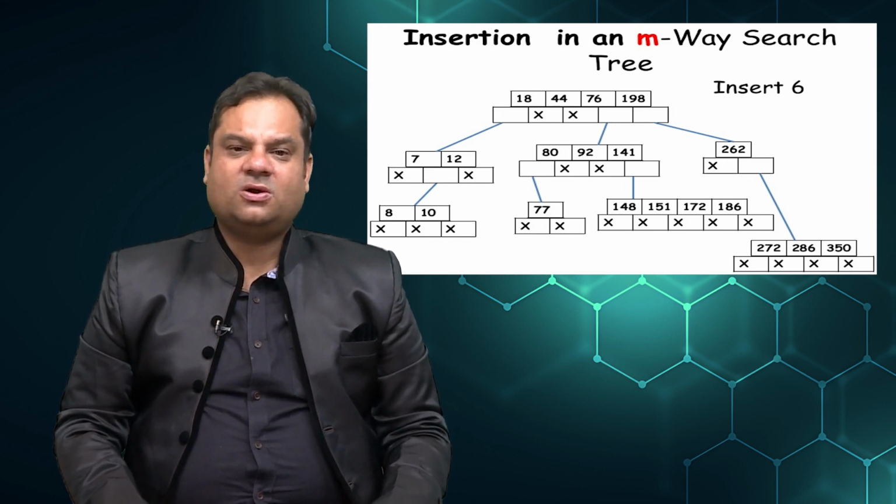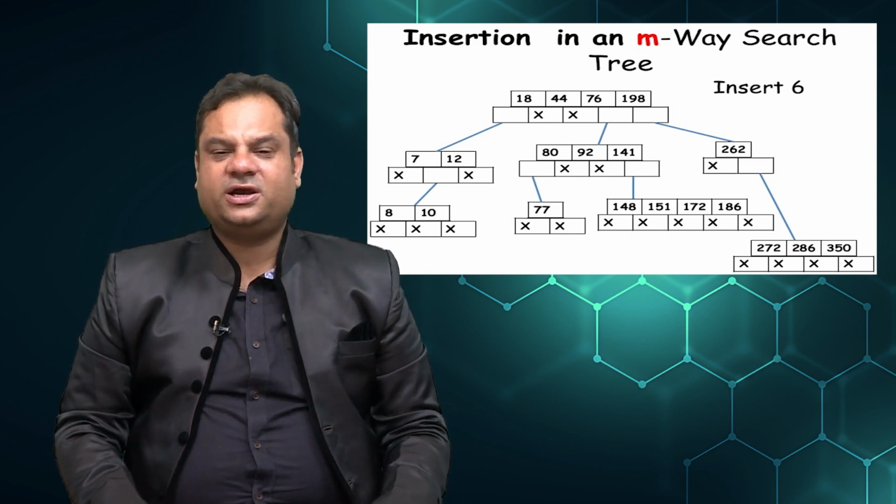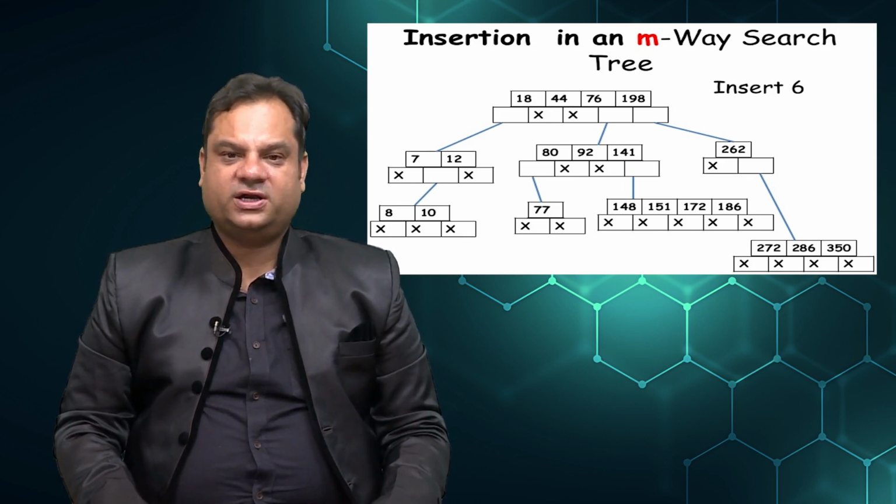In the same way, all the data items are connected at their respective places. Like 262, which is greater than all the root items 18, 44, 76, 198. 262 is greater than 198, that's why it is connected as the right successor of 198.